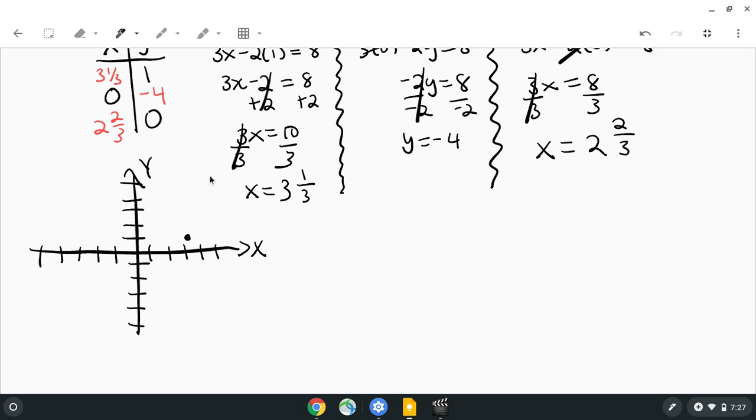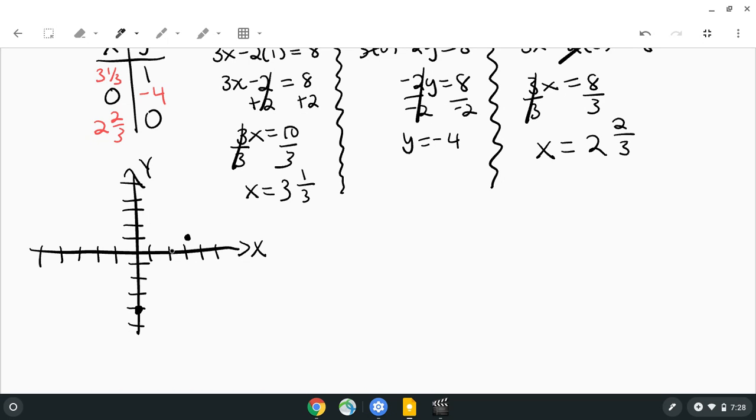All right. 0, -4 is my second point. So 0 on the x-axis and then straight down to -4. So right here. And going for a third point to verify that everything is done correctly, 2 and 2/3. So 1, 2, that's 3.